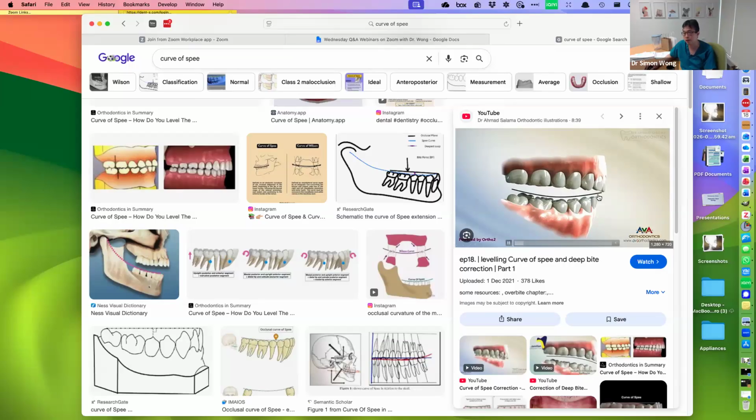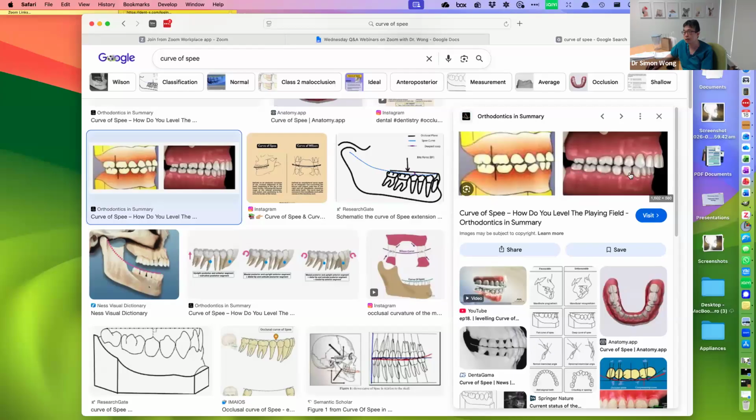Class 2 is where the incisors on the top are in front of the lower incisors, and class 3 is where the lower incisors are in front of the upper incisors. So in orthodontics, when we want to be able to slide the bottom jaw or top jaw back and forth, we have to have a flat plane, because a flat plane facilitates sliding mechanics.